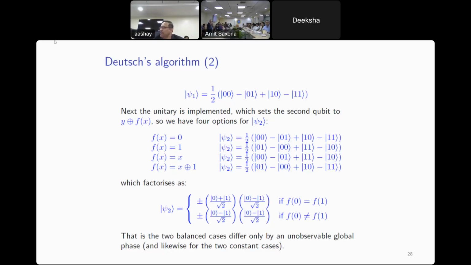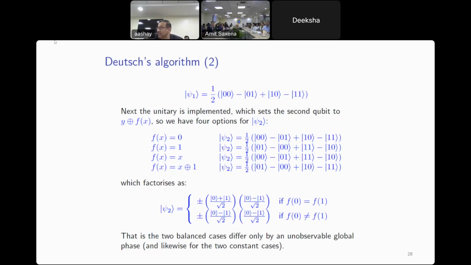If we take out all the possibilities psi2 can have, you can cluster it into two cases. If f(0) equals f(1), which means it is constant, then psi2 has two possibilities. And if f(0) does not equal f(1), which means it is balanced, then it also has two possibilities.